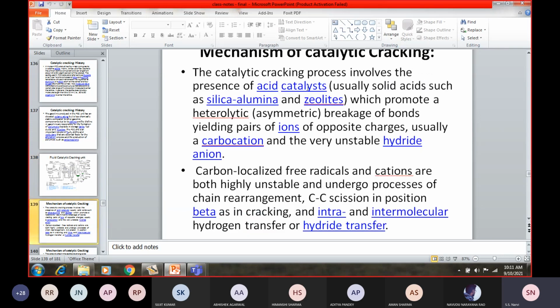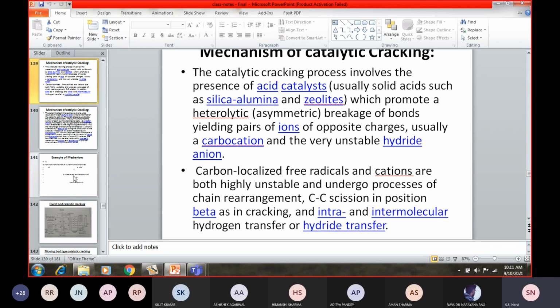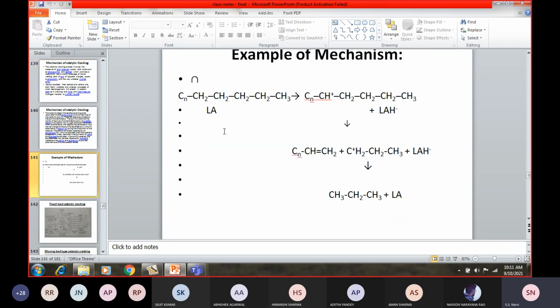The mechanism of catalytic cracking is based on the carbocation mechanism. This is the mechanism involved here, where the catalyst is a Lewis acid, which attacks this, removes the proton and forms LH minus, and a carbocation is generated.